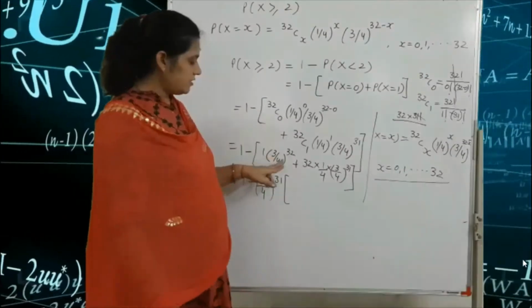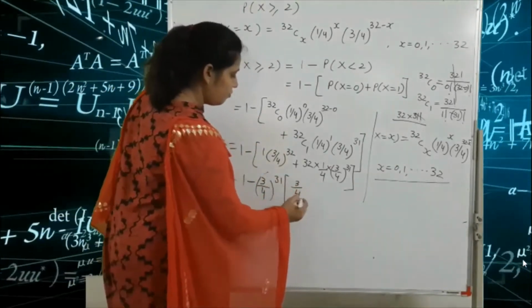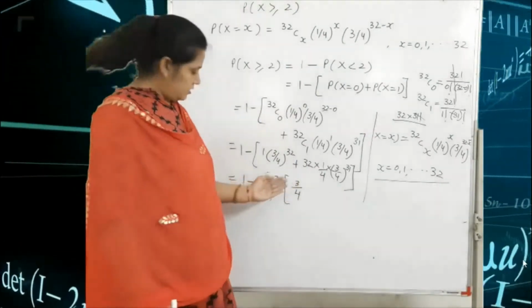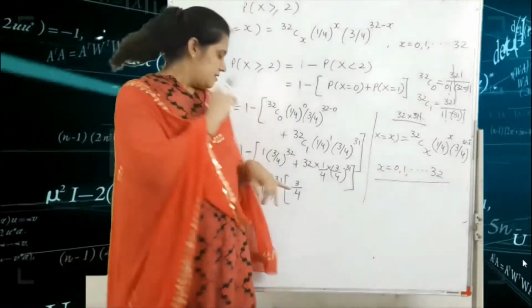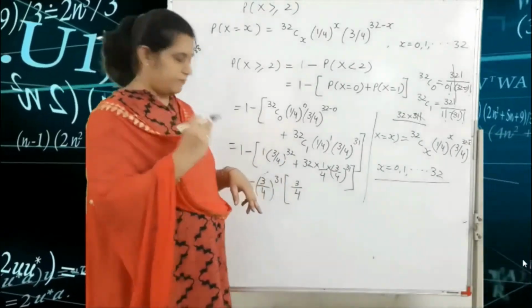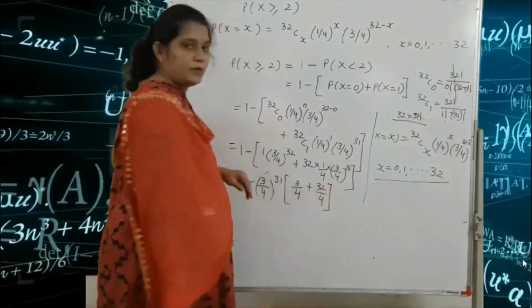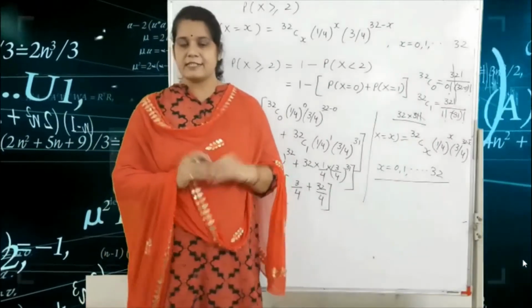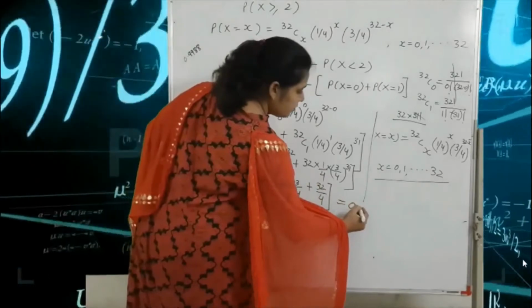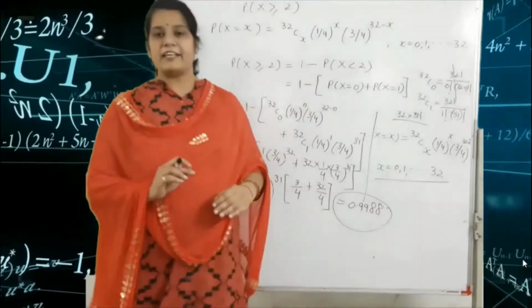The remaining term is (3/4), because (3/4)^31 and (3/4)^1 have the same base, so the powers add: 31 plus 1 is 32. So the remaining term is 3/4 plus 32/4, and 32/4 is 8. After solving this we get the value 0.9988. This is our final answer.